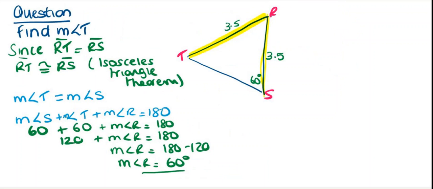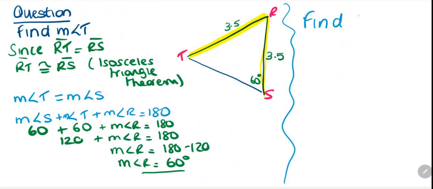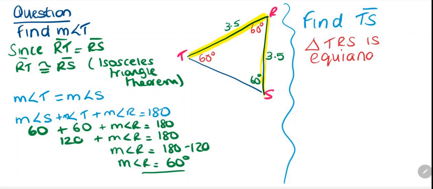Okay, so we'll come over this side here. And we'll say we have to find the segment TS. Now, because we found the angles, and we've said that the angles are all 60, we know that triangle TRS is equiangular.